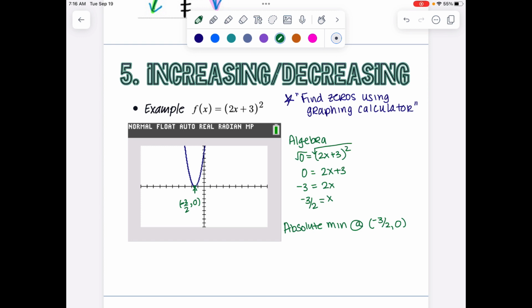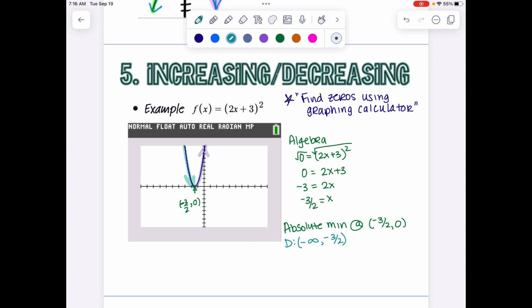We're going to discuss the decreasing piece and the increasing piece. Okay, so from left to right, we have a decreasing portion, we have our absolute min, and then it increases. So for our decreasing interval, that would be from negative infinity to negative 3/2.